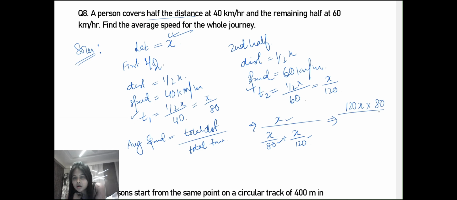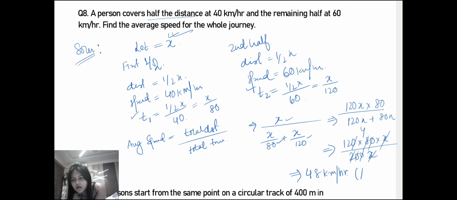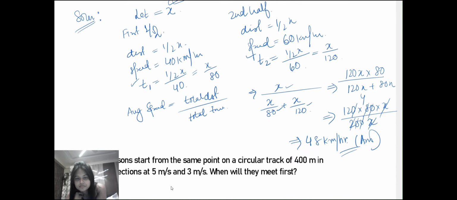I've put this term up, and then 120x plus 80x, which gives me 120 into 80 into x, 200x. Now x will get cancelled. Evaluating, we get 48 kilometer per hour. So, the average speed is 48 kilometer per hour.